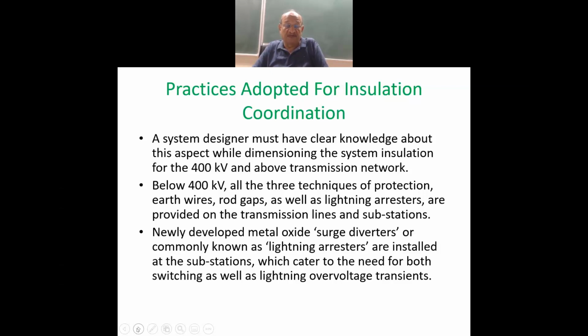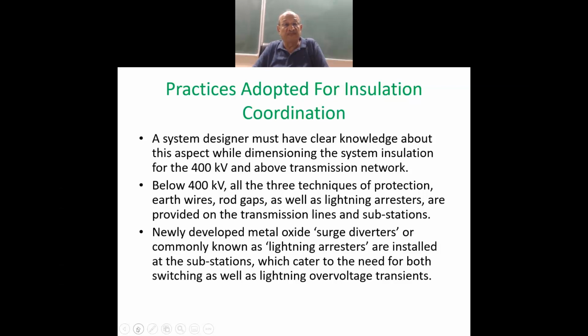Newly developed metal oxide, as I mentioned, the zinc oxide surge diverters, or commonly known as lightning arresters, are installed at the substations, which cater to the need of both switching as well as lightning overvoltage transients or traveling waves. They are not installed on every pole of the transmission line, but they are installed at the substations.